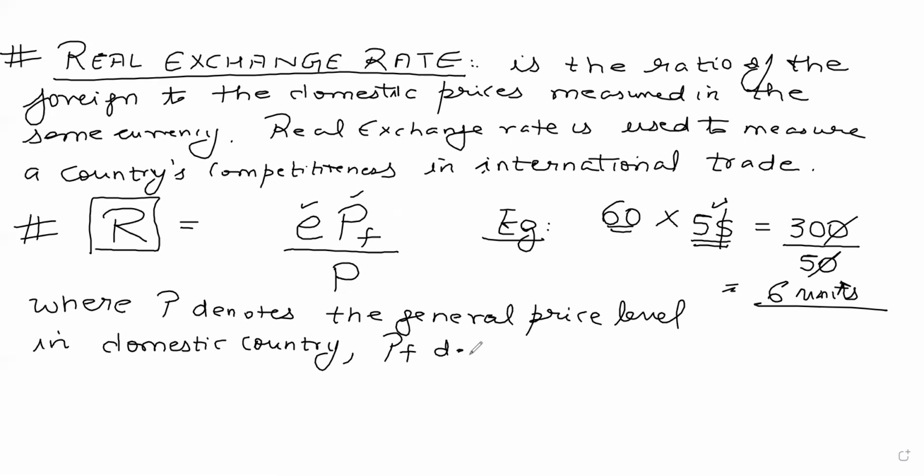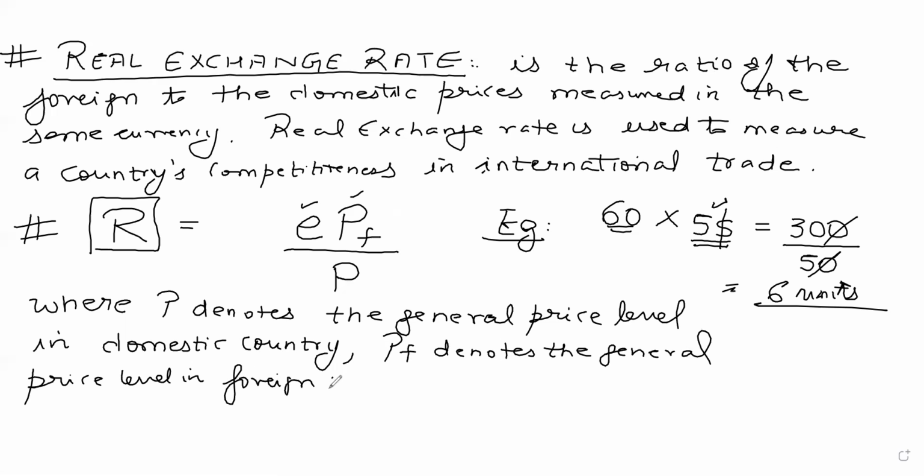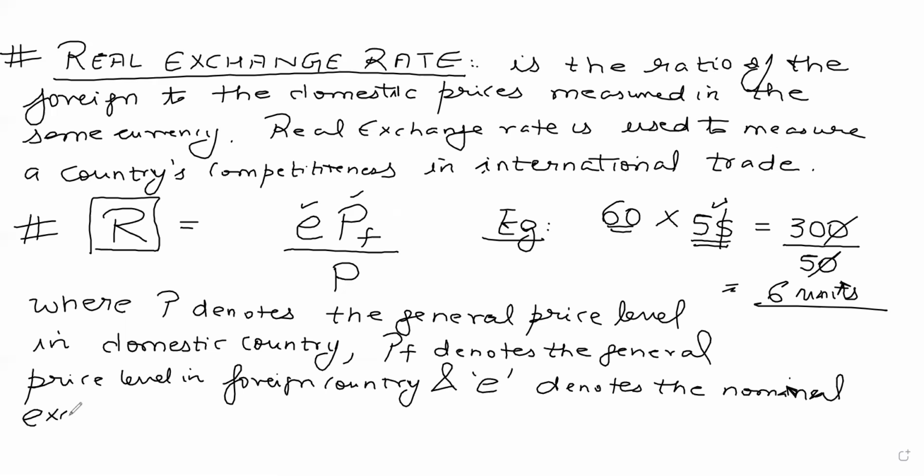PF denotes the general price level in the foreign country. And E denotes the nominal exchange rate between domestic and the foreign currency.